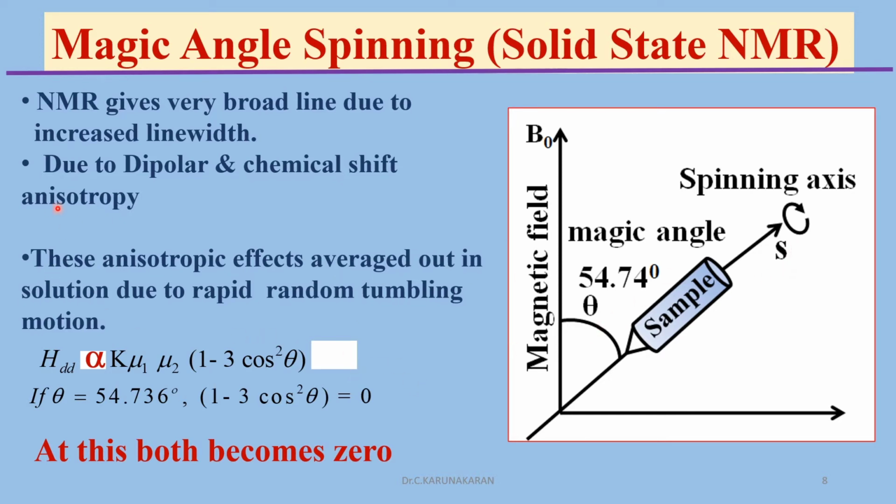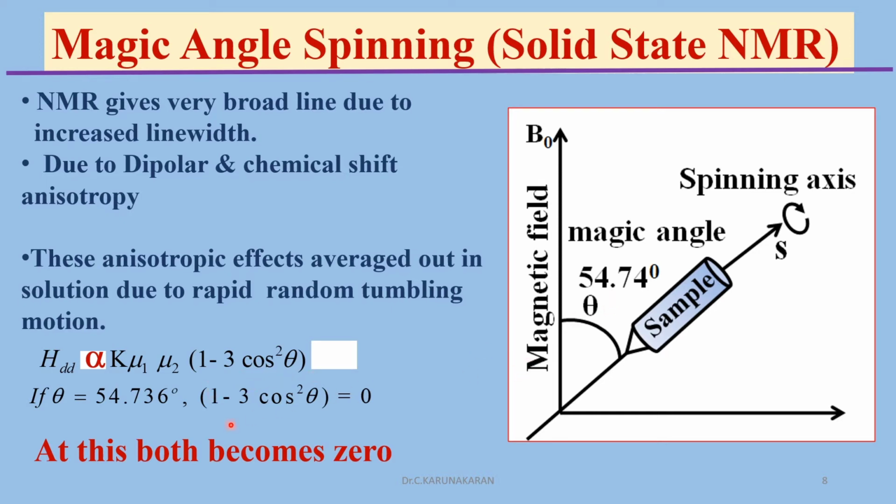However, in solid state, these effects are very significant. The sample is rotated about this axis, which makes an angle with the external applied magnetic field, theta equal to 54.74 degrees. The dipolar chemical shift anisotropy is directly proportional to 1 minus 3 cos square theta.